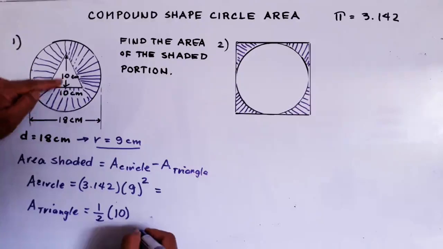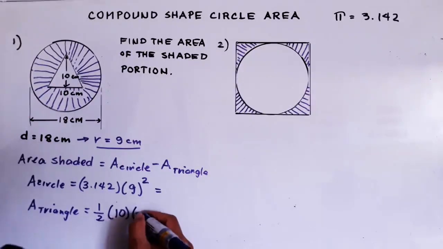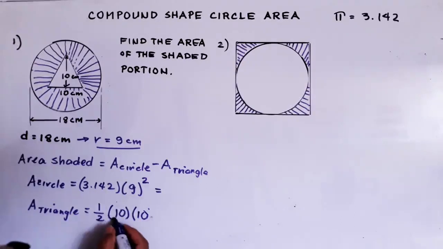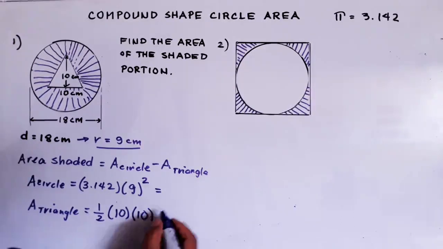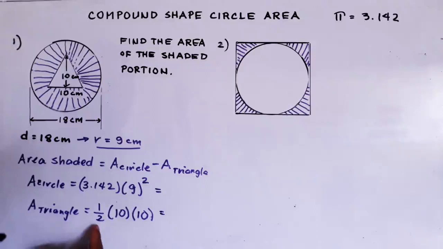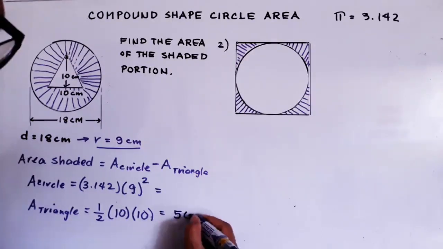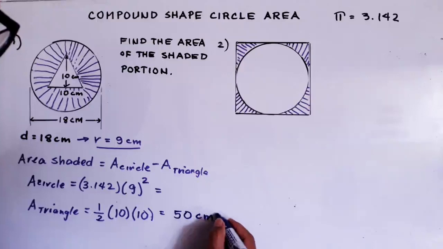That's the height, the perpendicular height. So we have here 10 also. Base times height. So here, this one is easier. 10 times 10, 100, divided by 2 is 50. So we know this one is 50 cm squared.